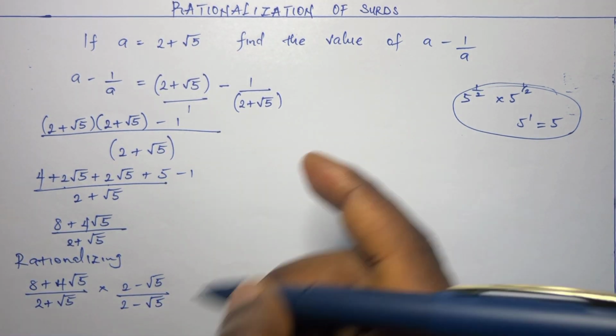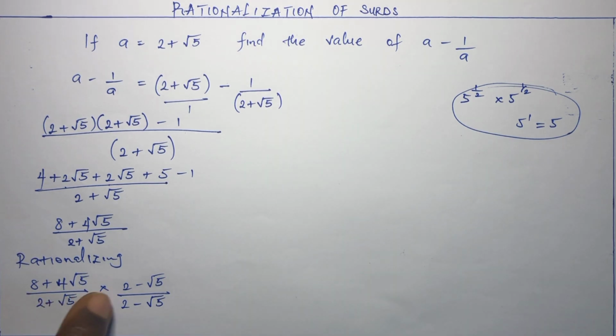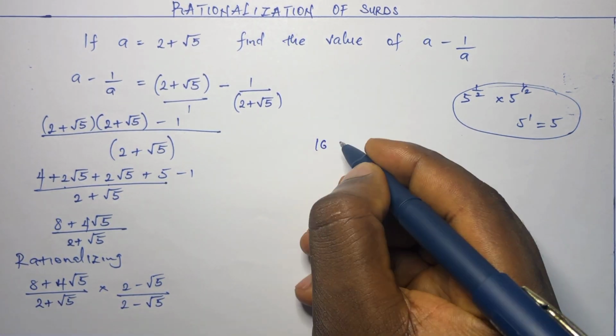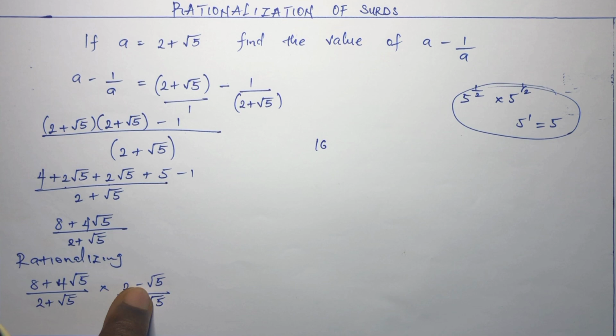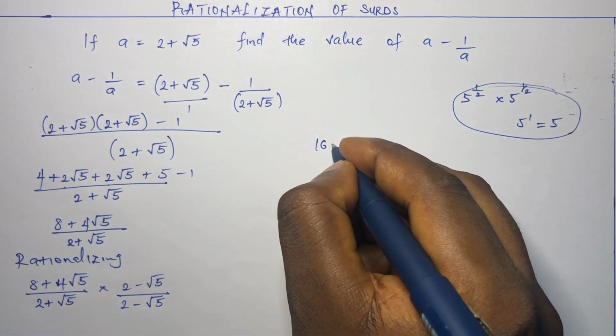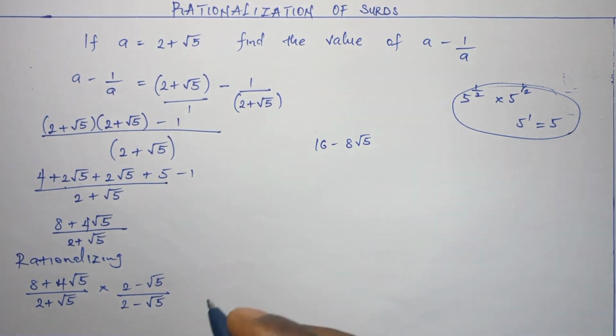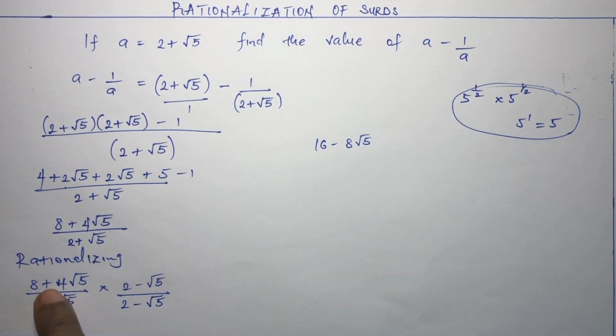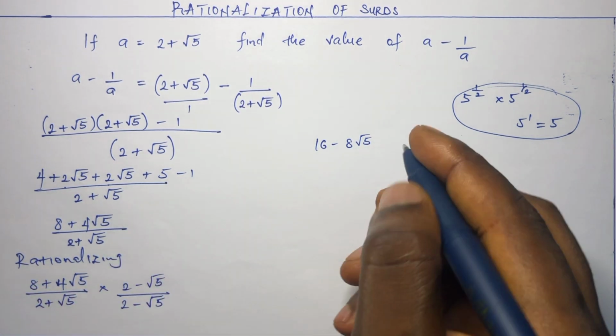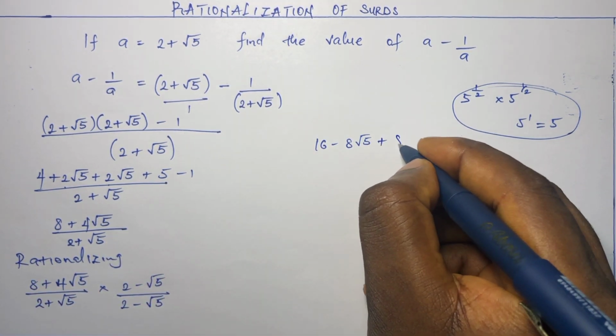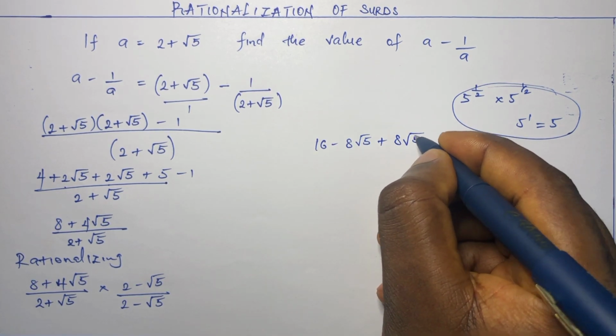We'll have 8 into 2, we'll have 16. 8 into negative root 5 will give us negative 8 root 5. And then 4 root 5 multiplied by 2, remember, we're not multiplying what is inside of the root, we are multiplying the outside, so we have plus 8 root 5.